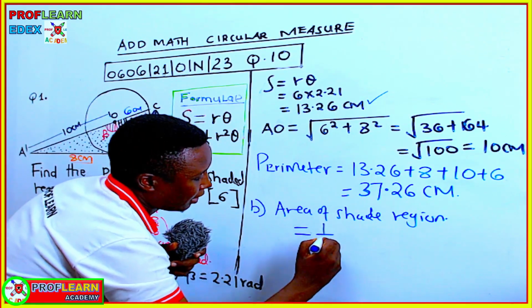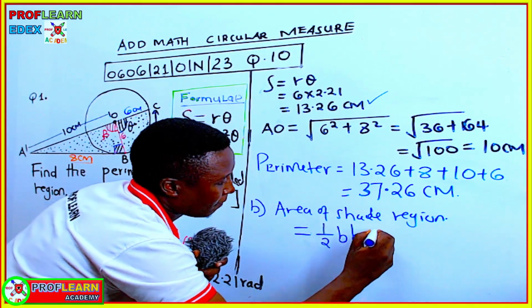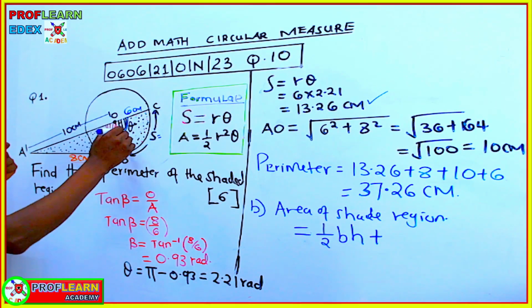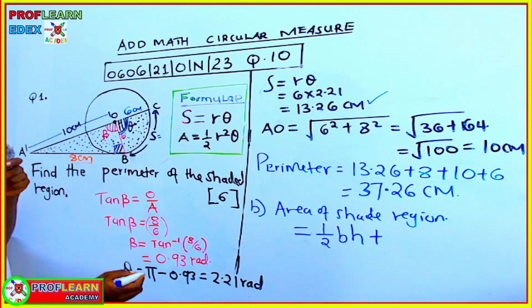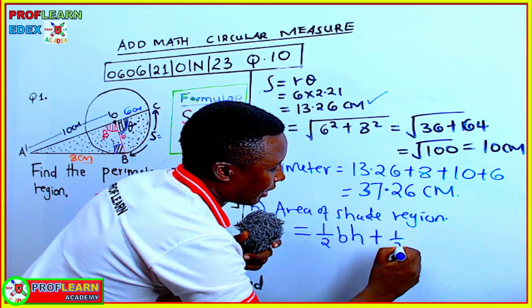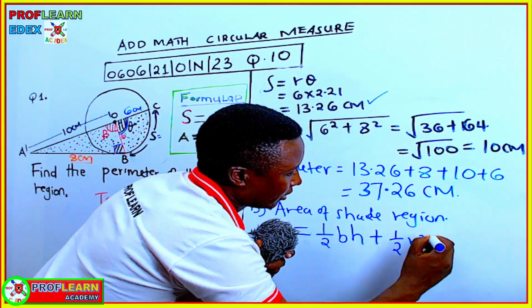We're going to say a half base times height, plus I'll work out the area of this sector. The angle we had gotten is 2.21, so we're going to have a half r squared theta.